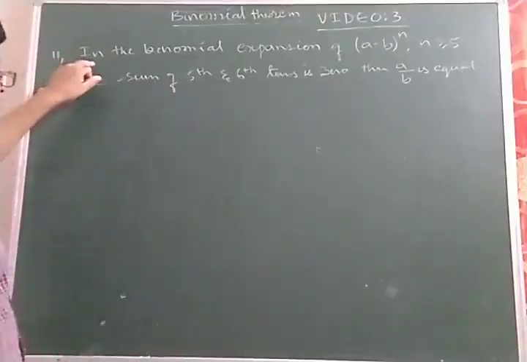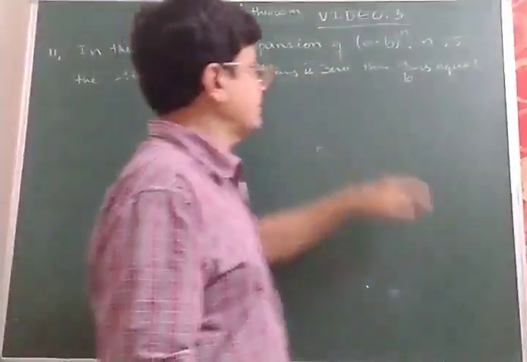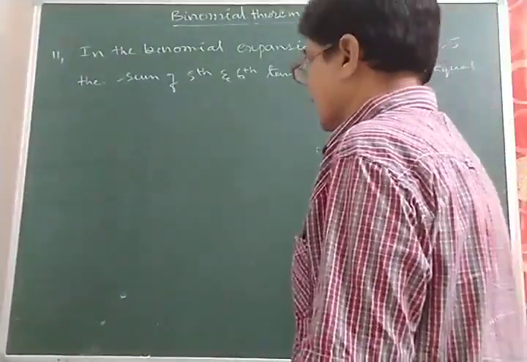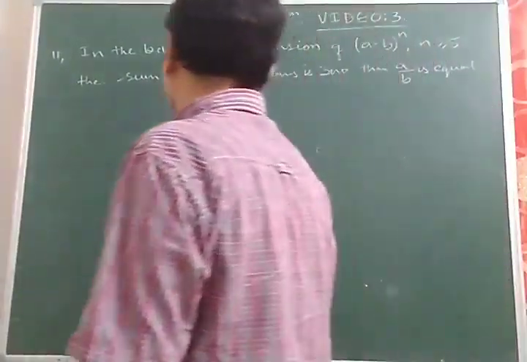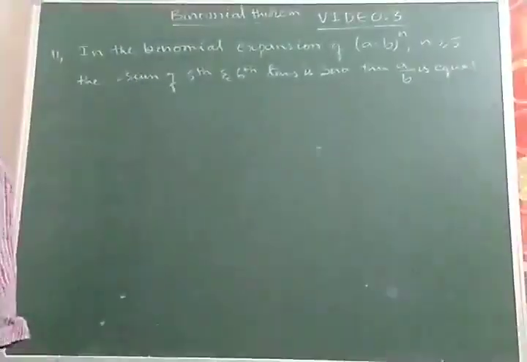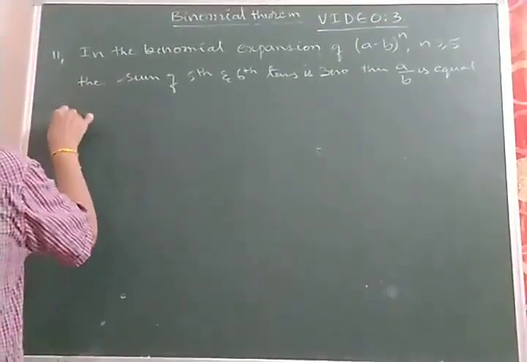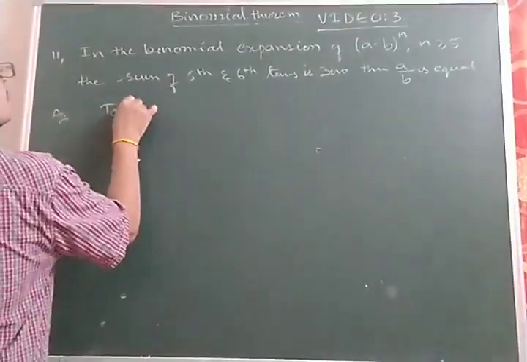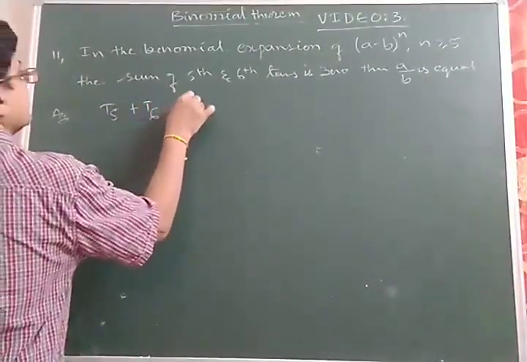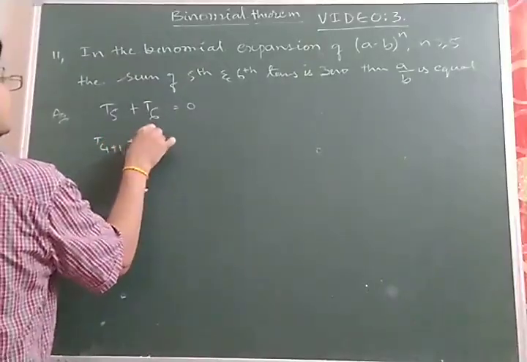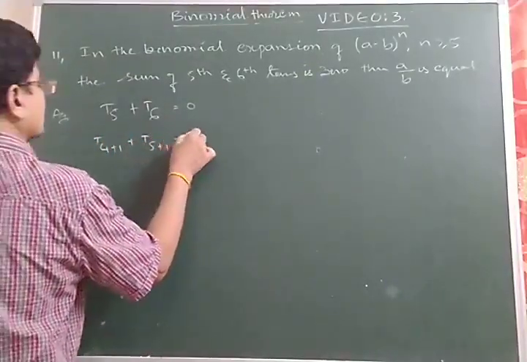11th question. In the binomial expansion of (a − b)^n, where n is greater than or equal to 5, the sum of 5th and 6th terms is 0. Then a by b is equal to? Given t5 plus t6 is equal to 0. That means t4+1 plus t5+1 is equal to 0.